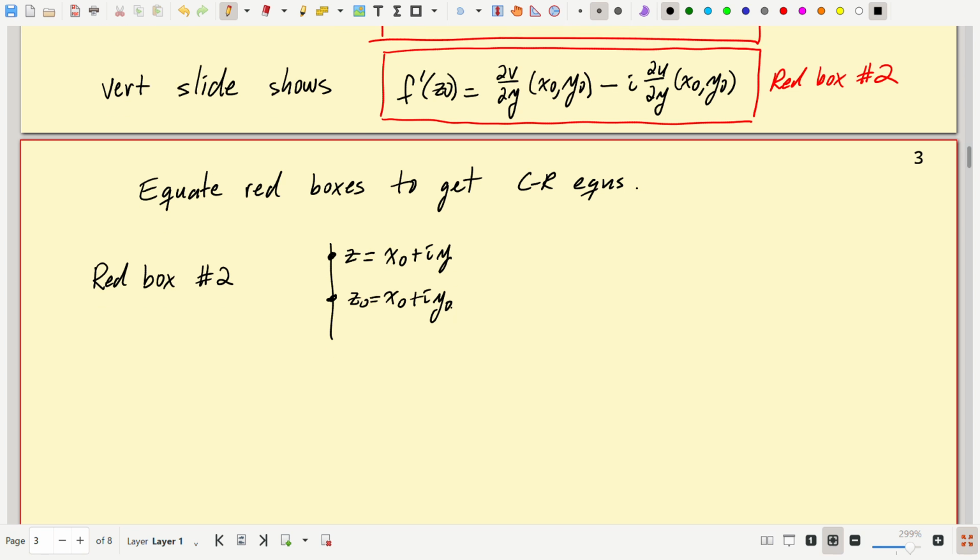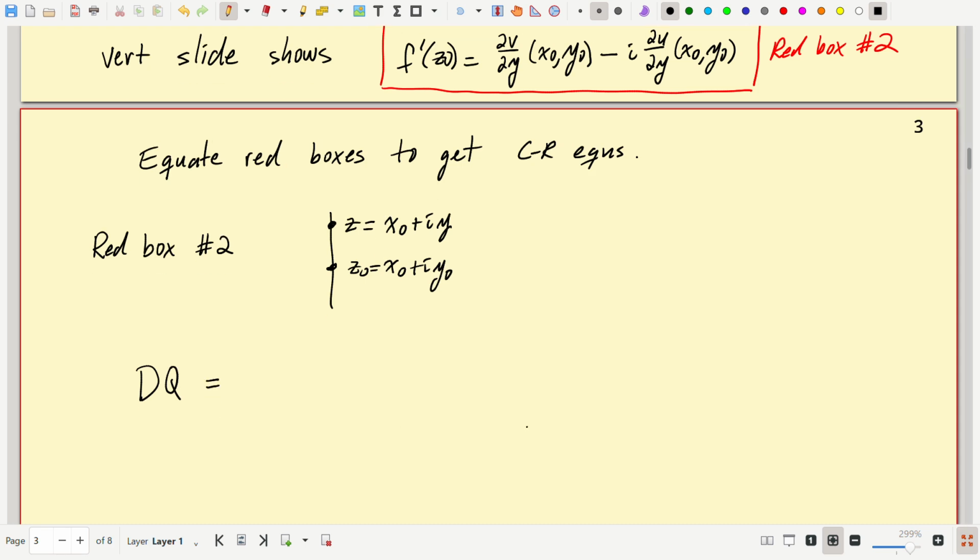And so when I calculate the difference quotient, it would be f of z minus f of z naught over z minus z naught.